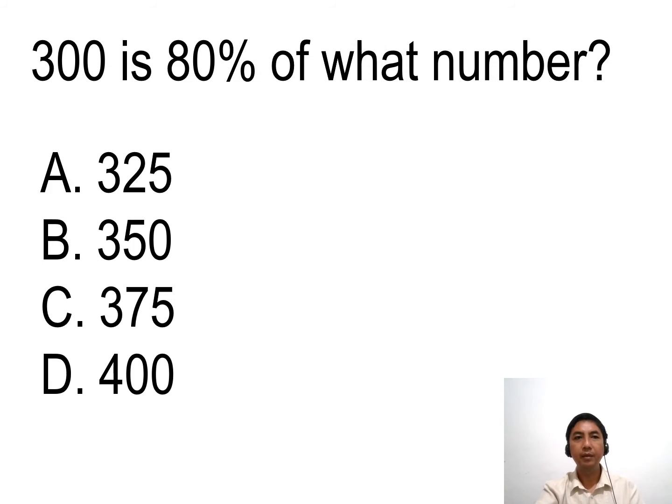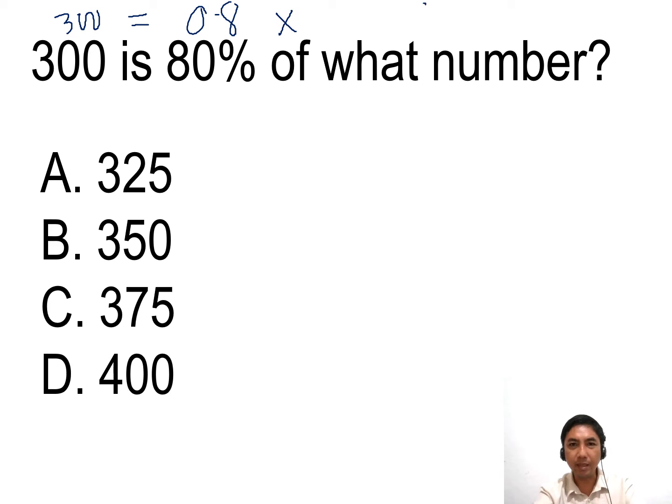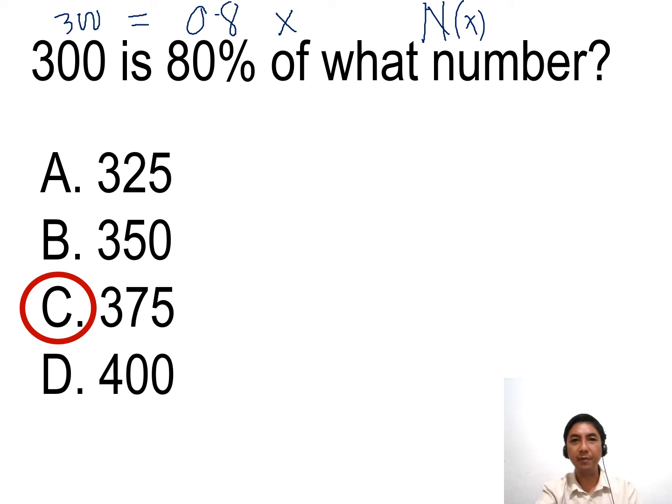Next problem. 300 is 80% of what number? So if you are going to follow the equation, 300 equals 0.8 times what number? So assuming the number is n or say x. Okay? So answer natin dito is 375.